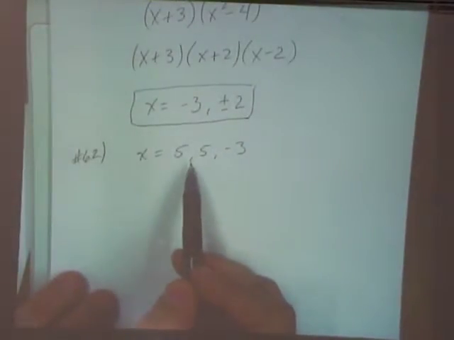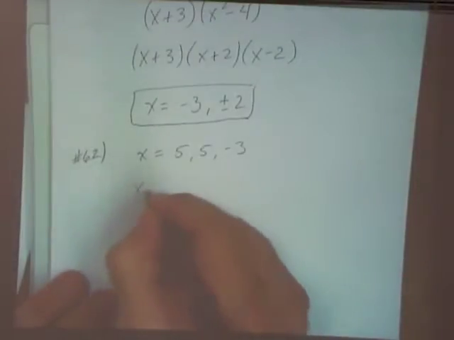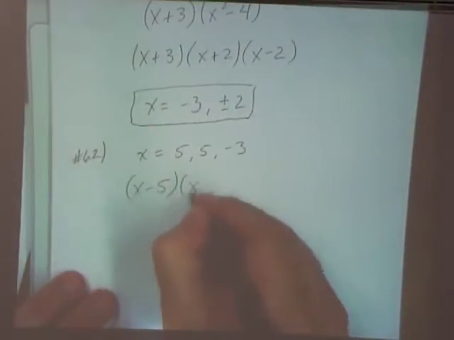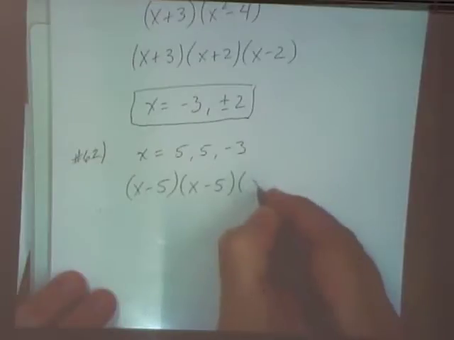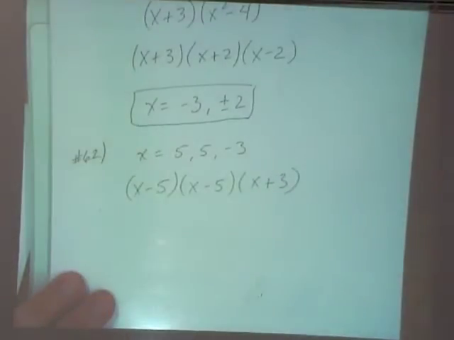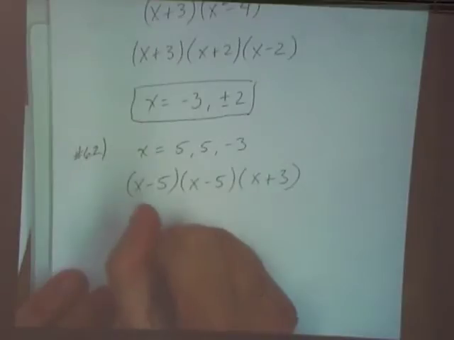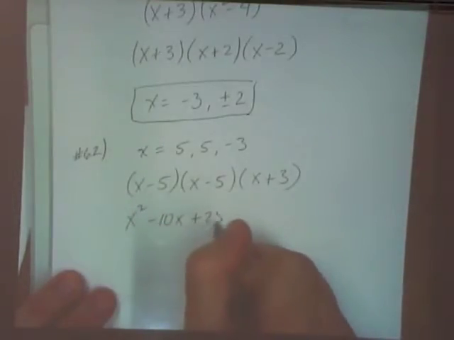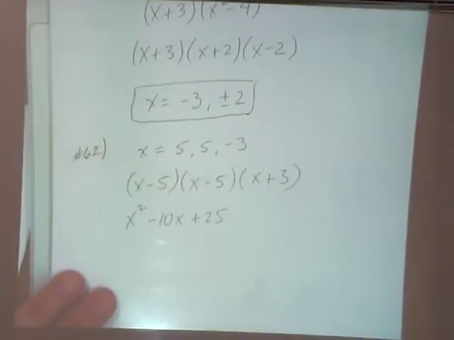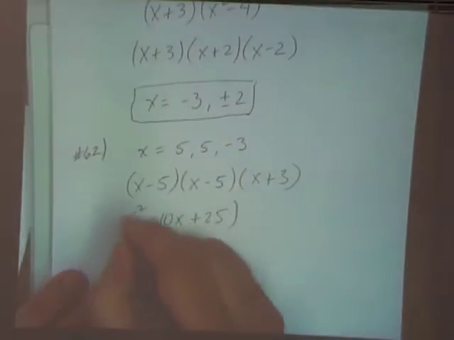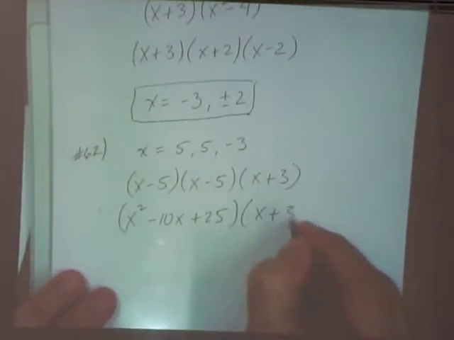So 5, 5, and negative 3. So I've got x minus 5, x minus 5, and x plus 3. That's factored form, and they want standard form. So if I multiply these first two out, I end up with x squared minus 10x plus 25. Then we multiply that by x plus 3.